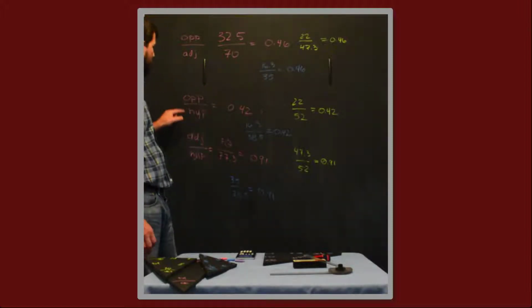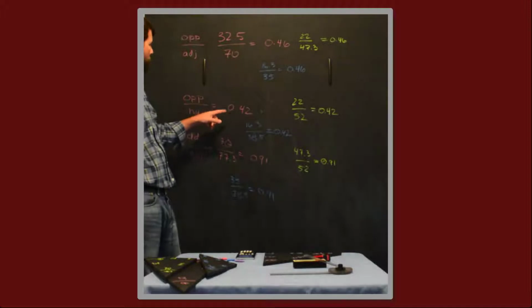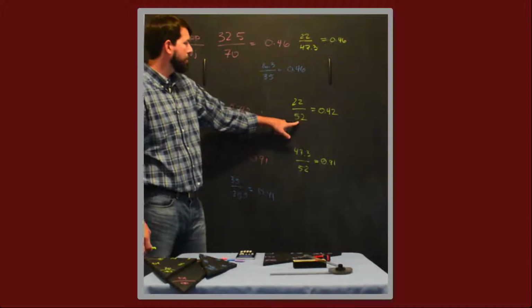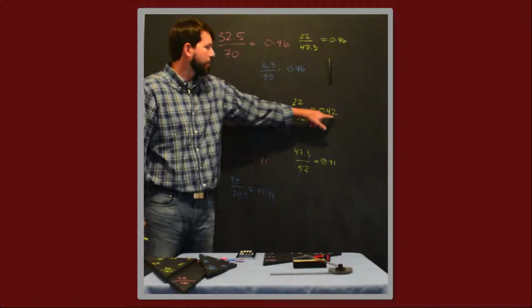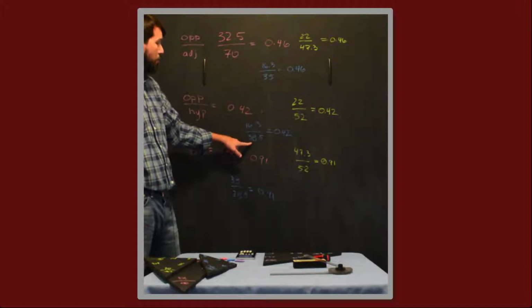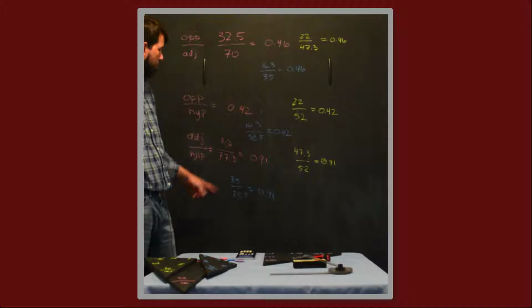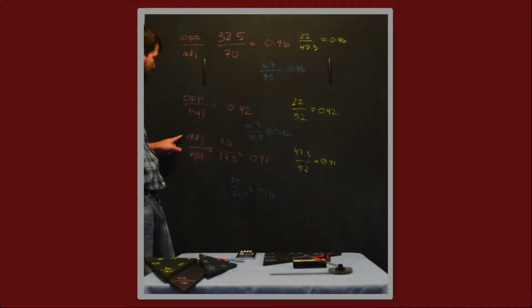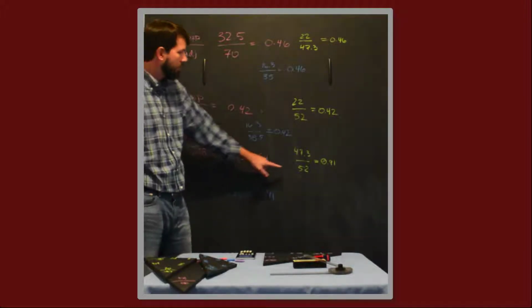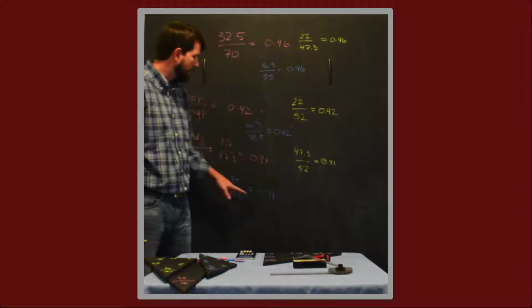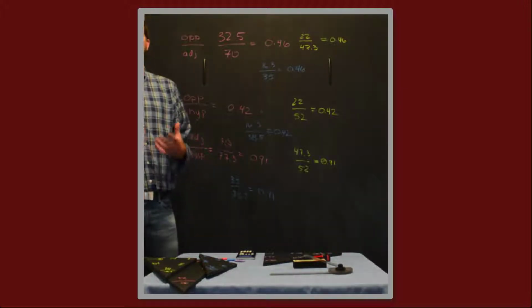Let's look at the opposite over the hypotenuse. For the red triangle, the ratio of those sides was 0.42. For the green triangle, that ratio is 0.42. For the blue triangle, that ratio is 0.42. For the adjacent over the hypotenuse, when we compare those sides, for the red triangle, 0.91. The green triangle, 0.91. For the blue triangle, also 0.91.